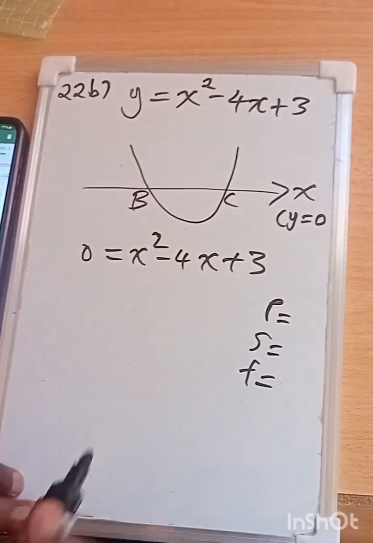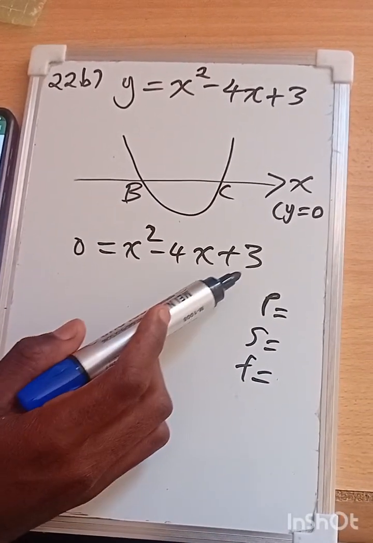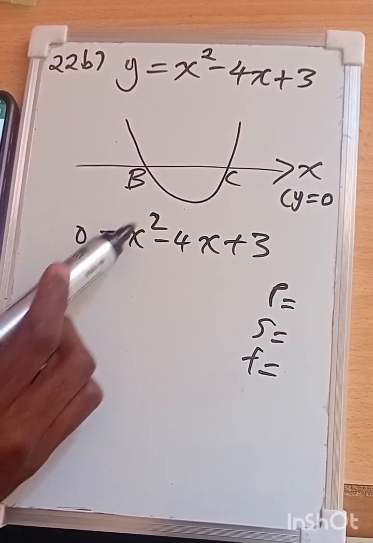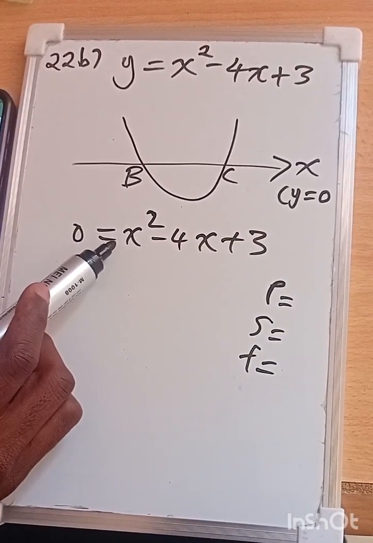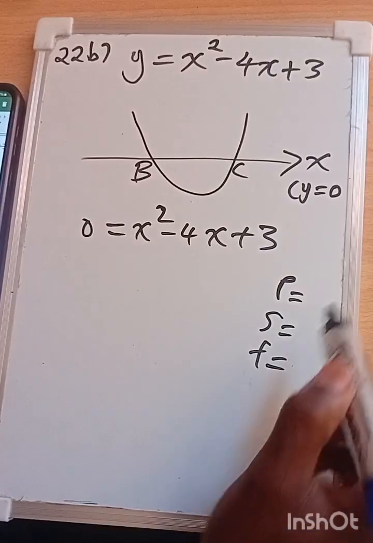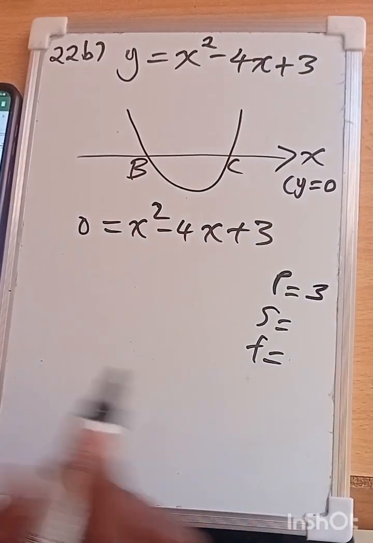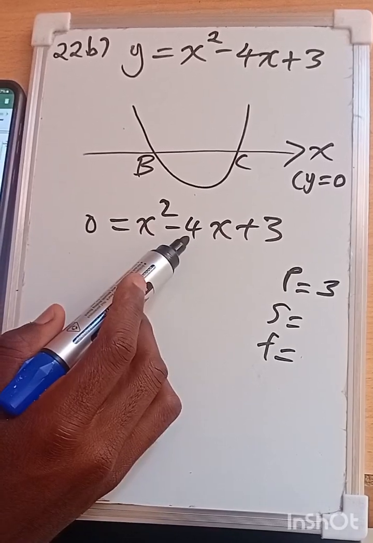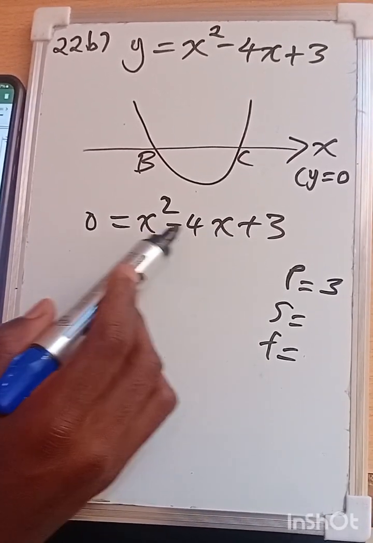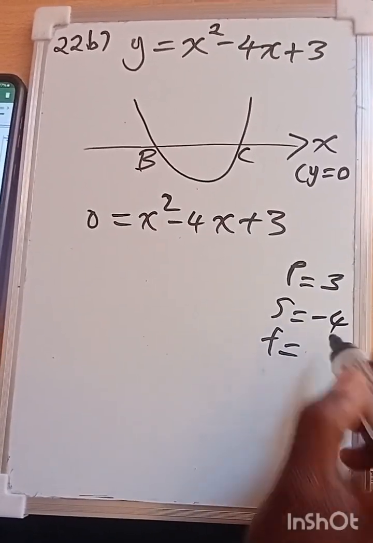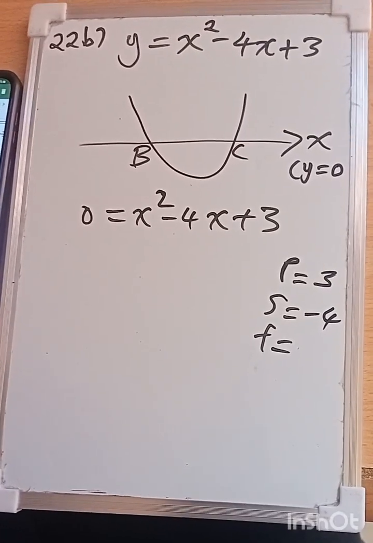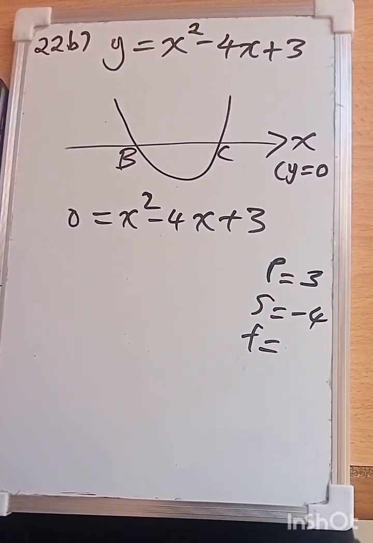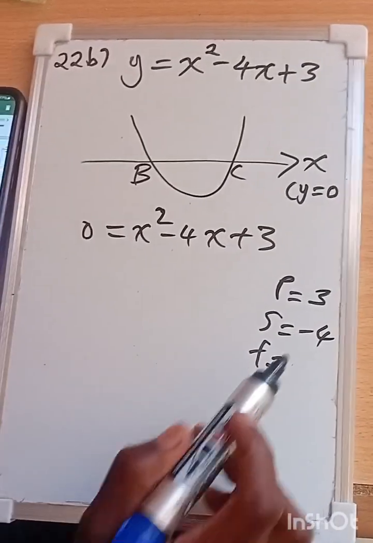To get the product, you always multiply the c here and the value of a, which is the coefficient of x squared. Here there's a 1, so 1 times 3 will give you +3. Then the sum is the value of b, which is the coefficient of x, which is -4. Then factors: you get the two numbers that multiply to give you 3, and when you add those same numbers, they give you -4.